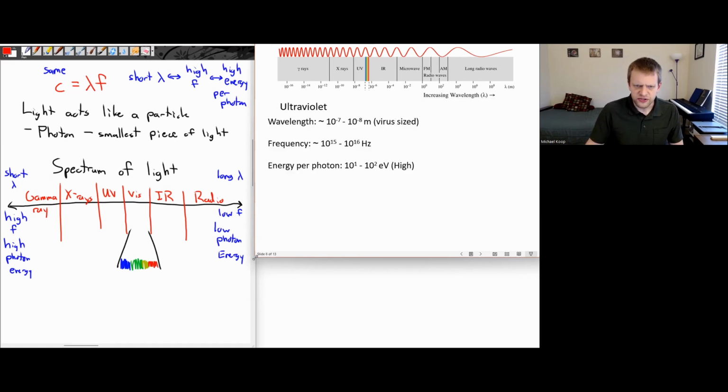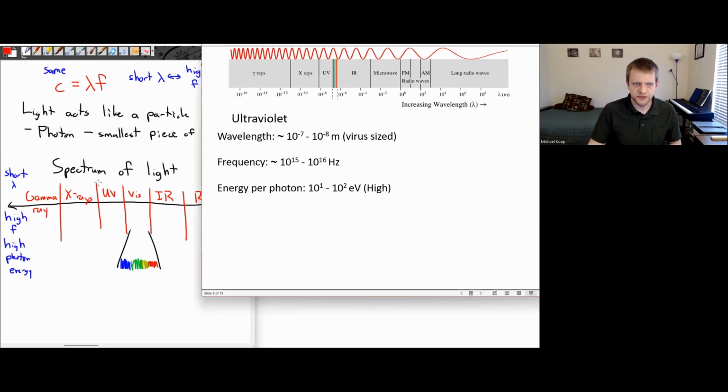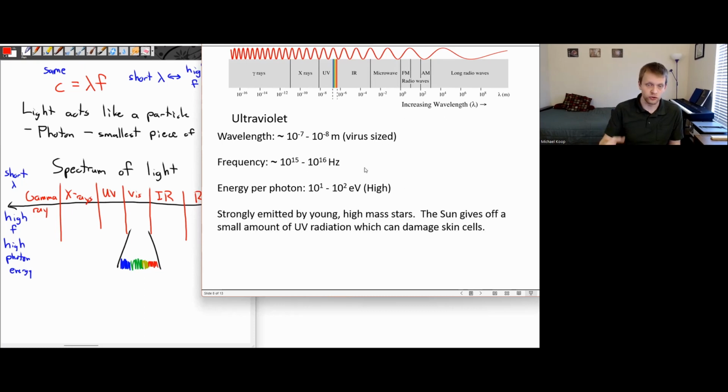Okay, moving on. I'm going to actually zoom in on this just a little bit more so you can see it a bit better. Ultraviolet light, still pretty short wavelength, pretty high frequency, and still at high photon energy. Think about where you've heard of ultraviolet light before. One of the main things that might come to mind are sunburns. Our sun gives off a little bit of ultraviolet light.